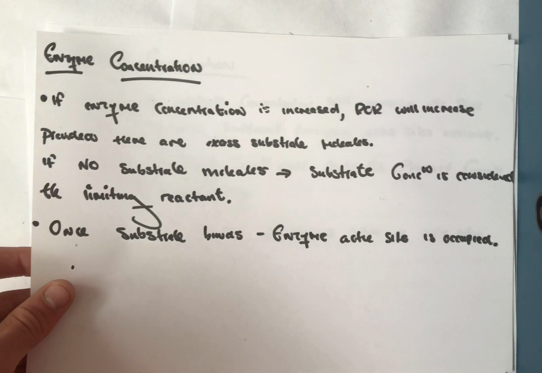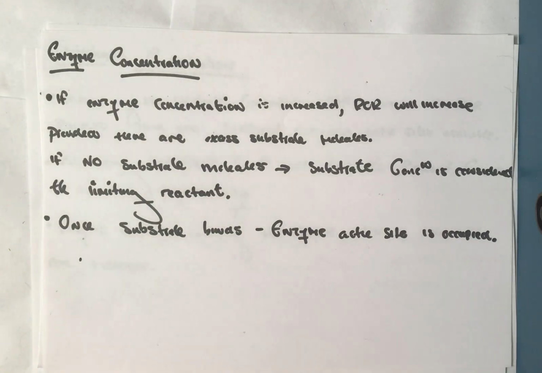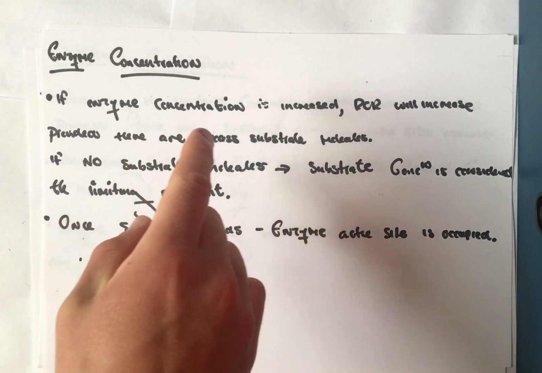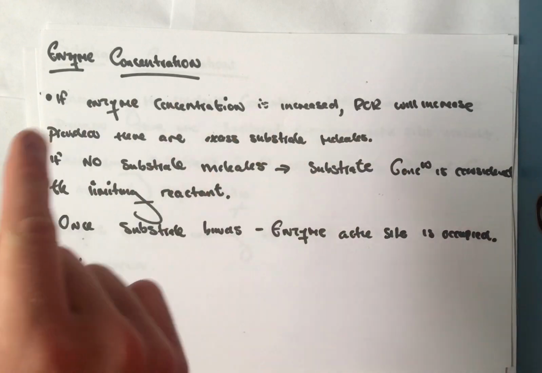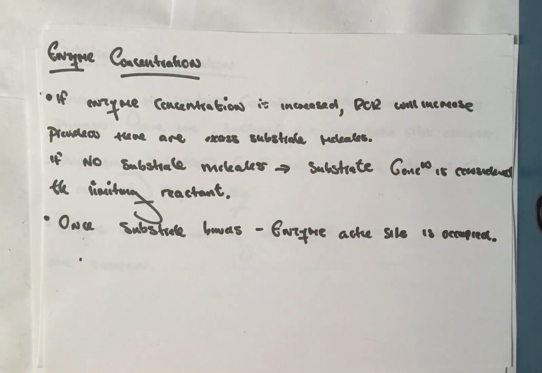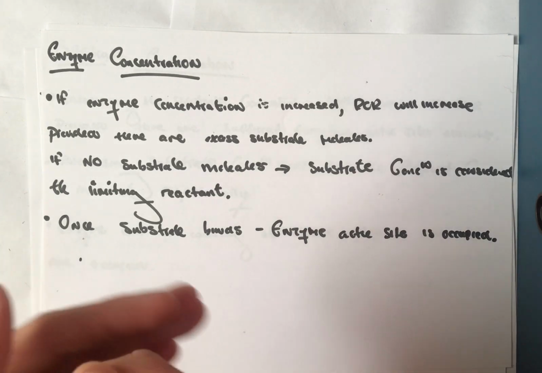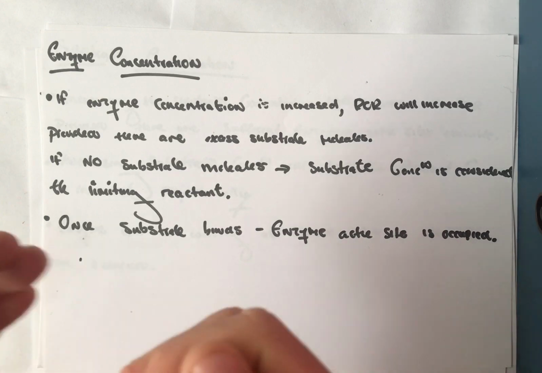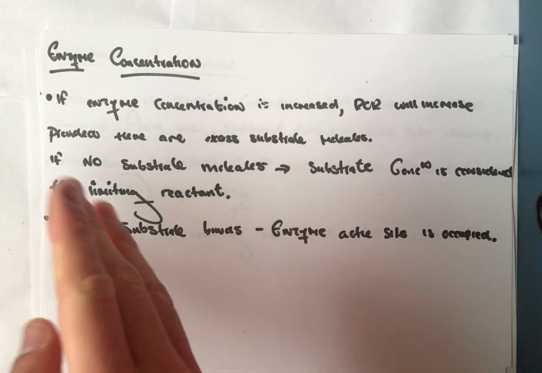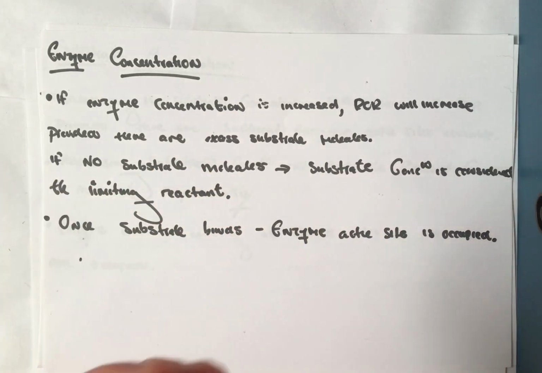That brings us nicely on to enzyme concentration. Enzyme concentration is another factor that affects the rate of enzyme-controlled reactions. If you increase the enzyme concentration, the rate of reaction will increase, provided there are excess substrate molecules. This is just the reverse of what we've just been talking about. If you increase the enzyme concentration, provided there are excess substrate molecules available, this will increase the rate of reaction because there will be more frequent successful collisions between enzyme and substrate molecules per second.